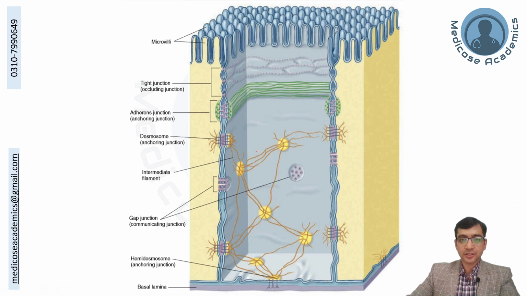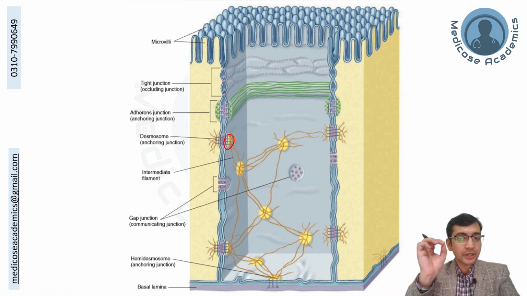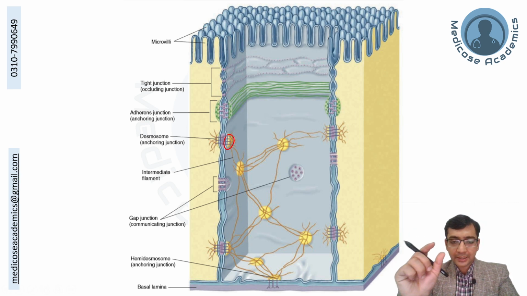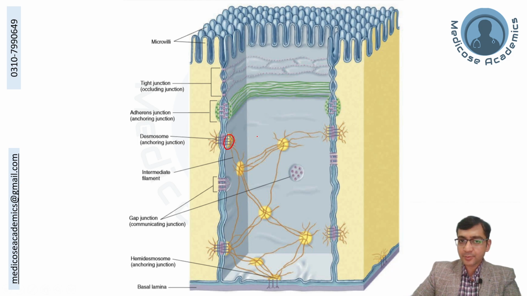Then there are desmosomes. These are points, like a point weld. If you weld a metal at a single point, they are like that. So there are attachments on single points, here, here, here, as shown in this picture, and here and here. These are desmosomes, and they have a corresponding structure on both communicating cells.